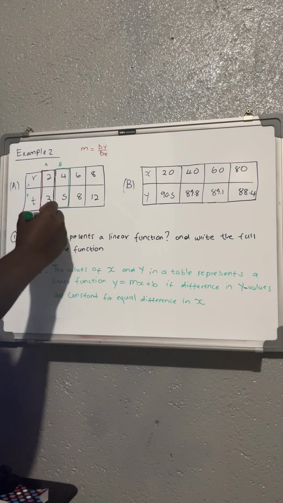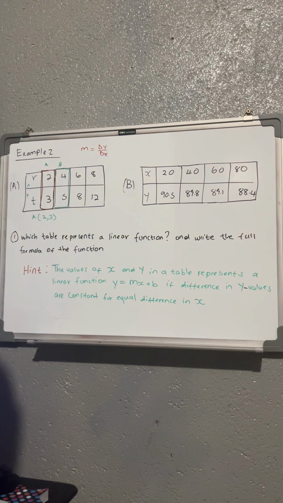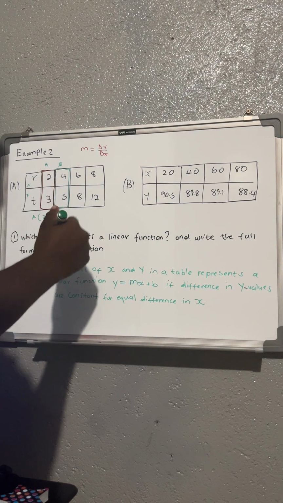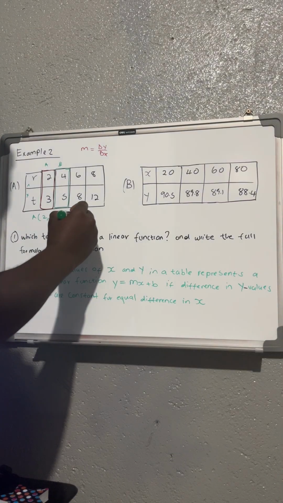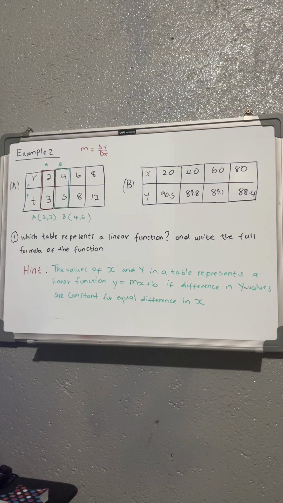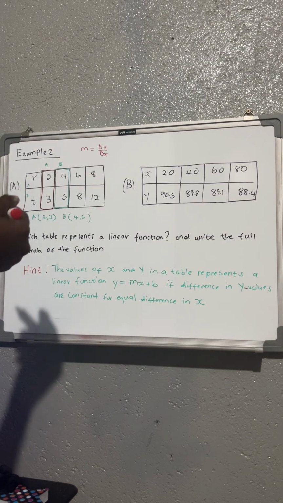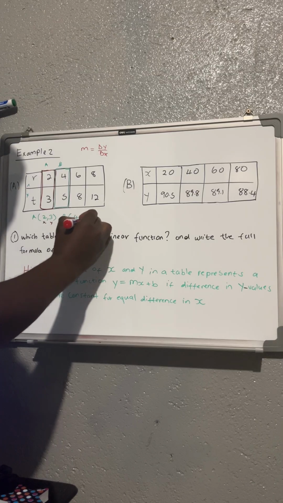So you will say you have your 2 and 3. Then when you come to this side, you have your point B, you have your 4 and 5. And as I said, this is your x, this is your y, this is your x, this is your y.